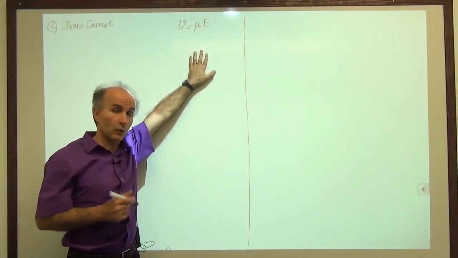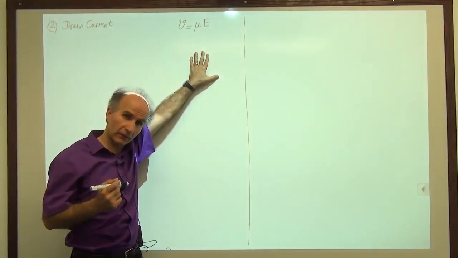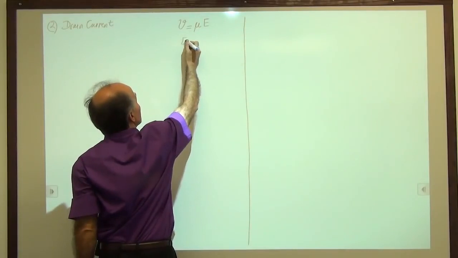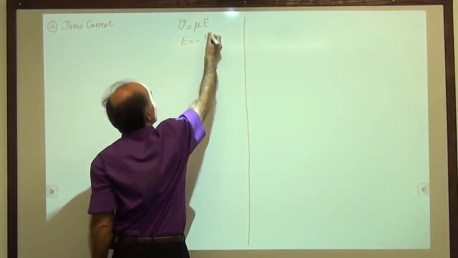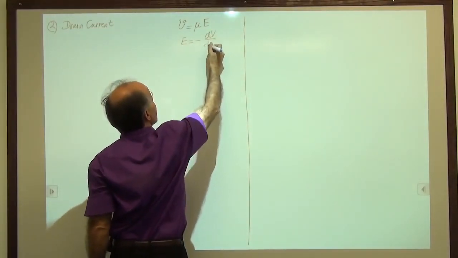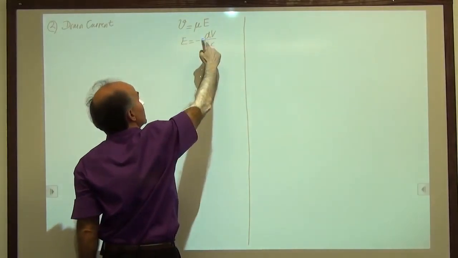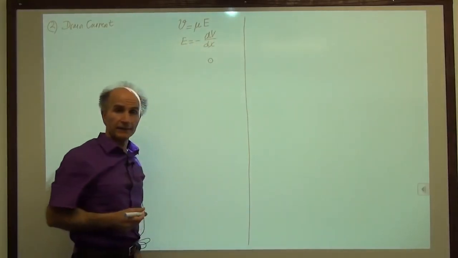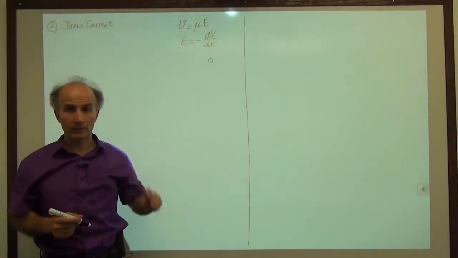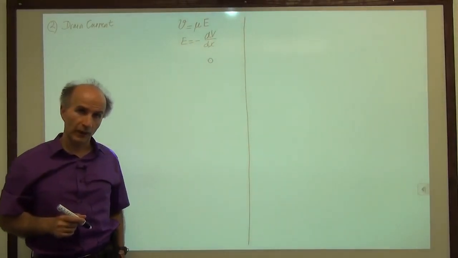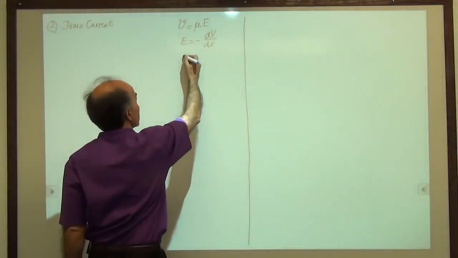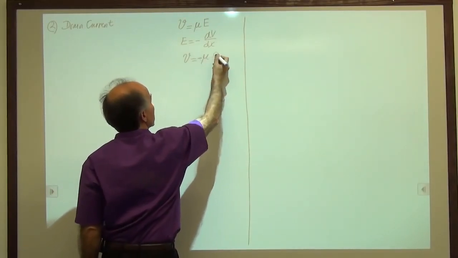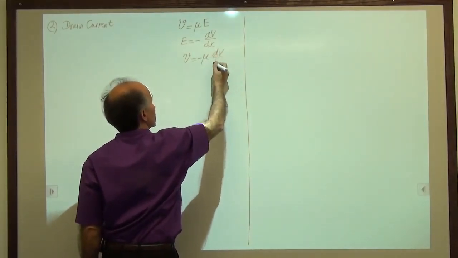We also know something about E, the electric field: it is equal to minus dV over dx. The electric field is the derivative of voltage with respect to distance with a negative sign. That's what we learned from physics. So that means that the velocity is equal to mobility with a negative sign times dV over dx.